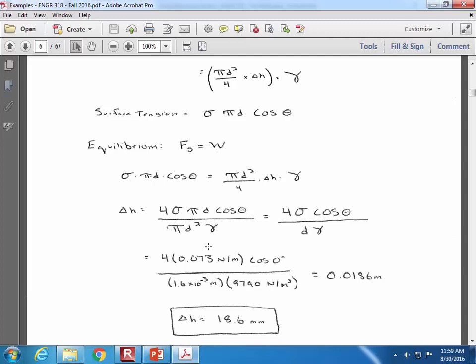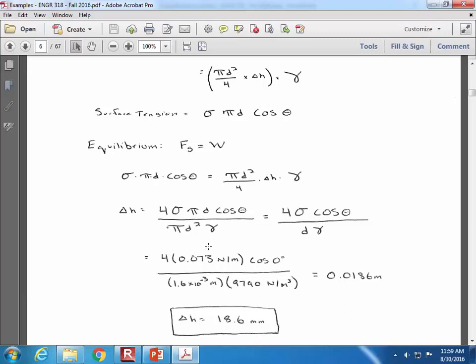And so let me ask you this. What do you think would happen to the delta H if I made the glass tube smaller in diameter? It would go higher. Yeah, why would it go higher? Because let me play the devil's advocate here. If you make it a smaller glass tube diameter, then the surface tension force is decreasing, because remember, surface tension force is a function of diameter, and if you make the diameter smaller, then the force is lower.